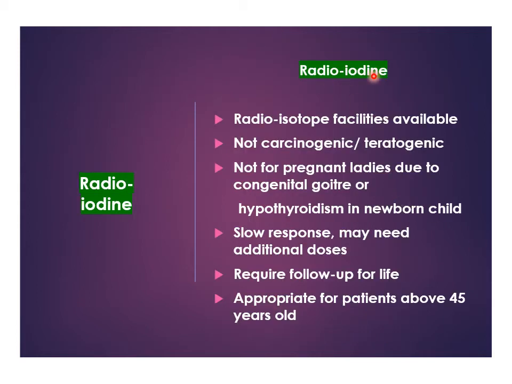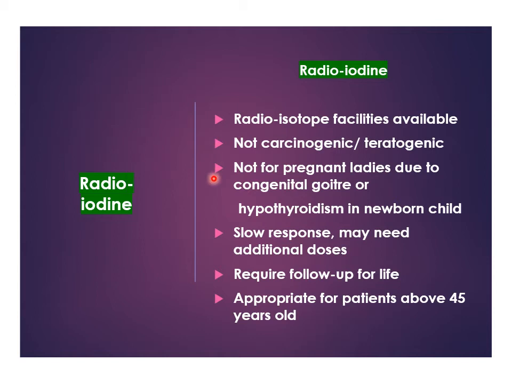Radioiodine is another mechanism which is becoming more widely used these days. Radioisotope facilities must be available for this treatment. It is not carcinogenic or teratogenic when used in the right doses and for the right age patient.